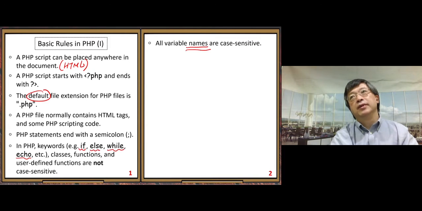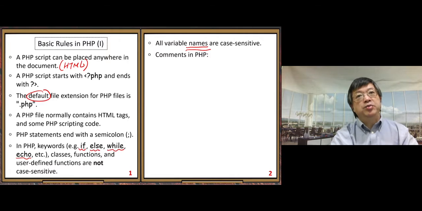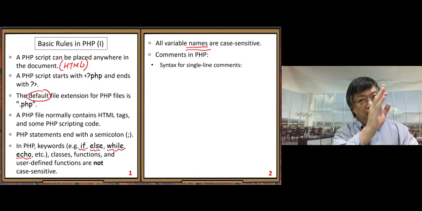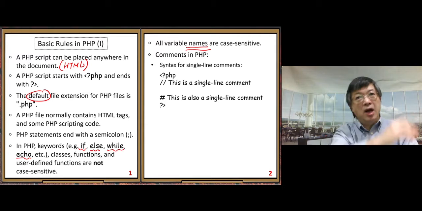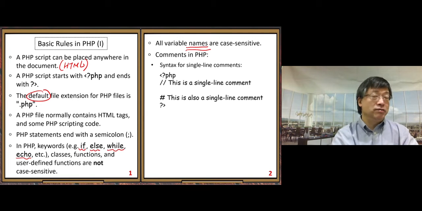All right. Next one, comments in PHP. There are three different types of comments. The first two types are for single-line comments. We are familiar with that. The first one is the C++ style comment, two slashes.